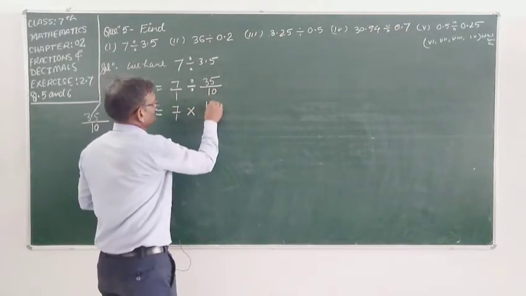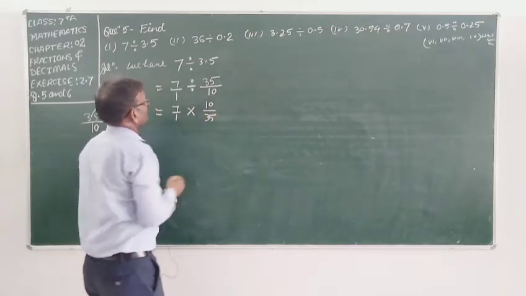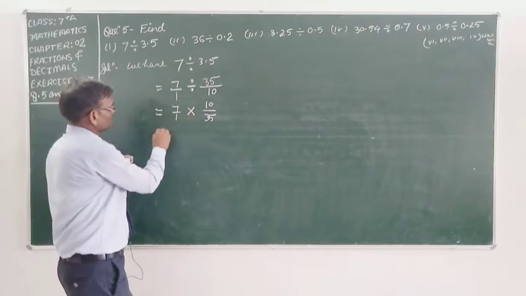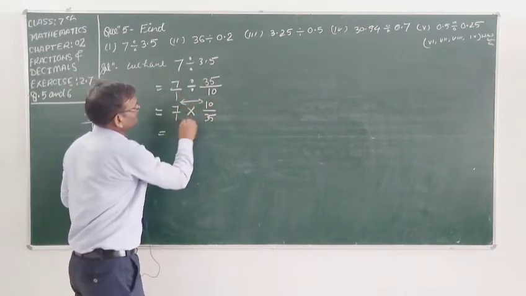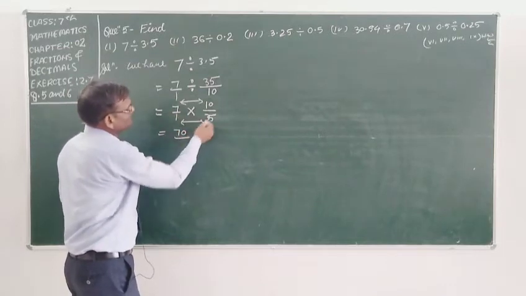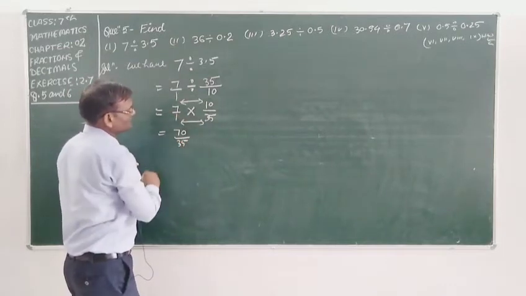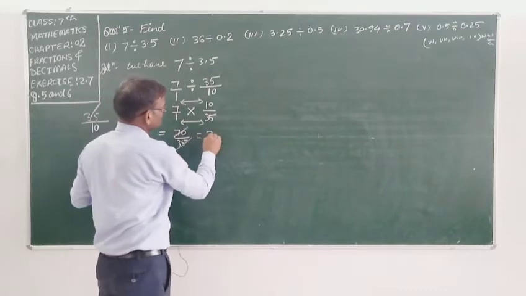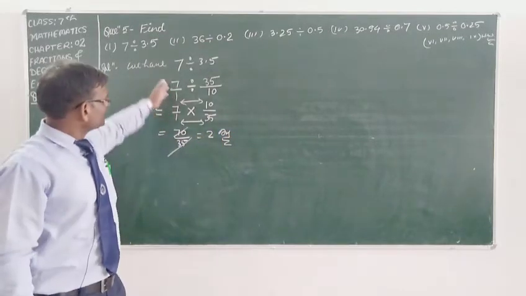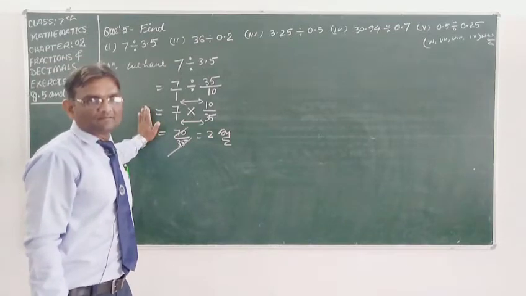So 10 upon 35. Now student, you can solve. You can multiply numerator to numerator and denominator to denominator. 10 sevens are 70, 35 ones are 35, 35 twos are 70. This is my answer. Very easy, student.